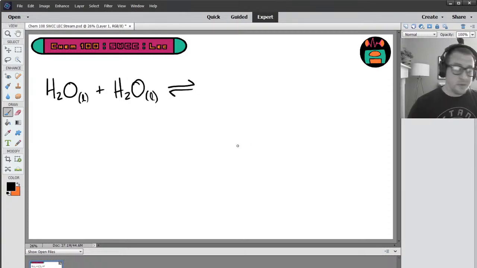Now, to determine the products of this reaction, we need to recognize that this is an acid-base reaction. Water is going to be both the acid and the base in this reaction. Either water can be an acid, either water can be a base, so we're just going to artificially label them.